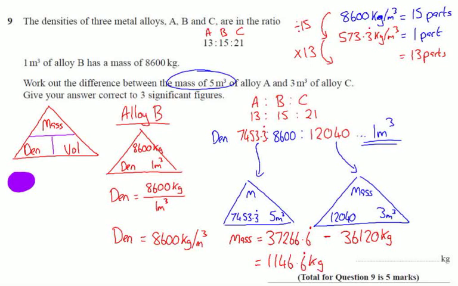It's asked me for it in 3 significant figures. So 1, 2, 3. The 6 changes the 4 to a 5. My answer is 1,150 kilograms. So that's quite a question.